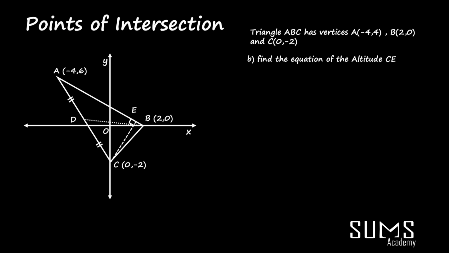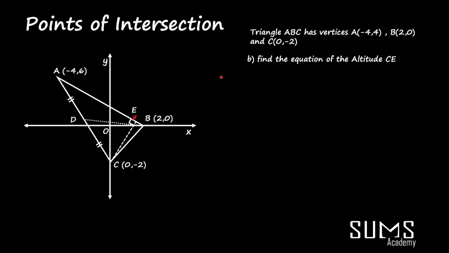Find the equation of the altitude CE. It's this one here, CE, going to this point here, E, which is a made up point. So what we're going to have to do here is figure out what line this line runs perpendicular to, get that gradient, then sub in the points that we know.